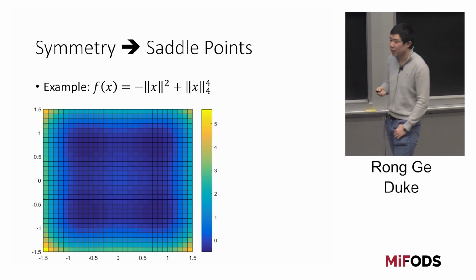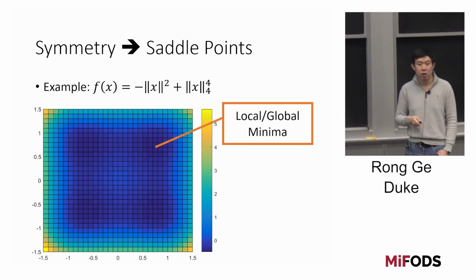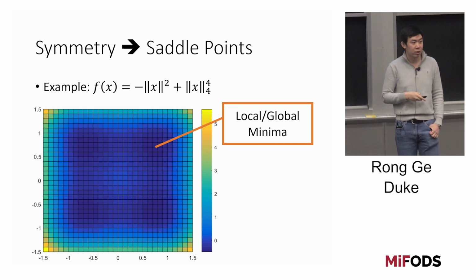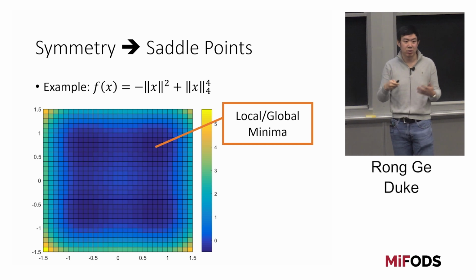And just from this plot, it's very easy to see that there are 4 local and global minima for this function, and they are in the plus minus 1, plus minus 1 directions.